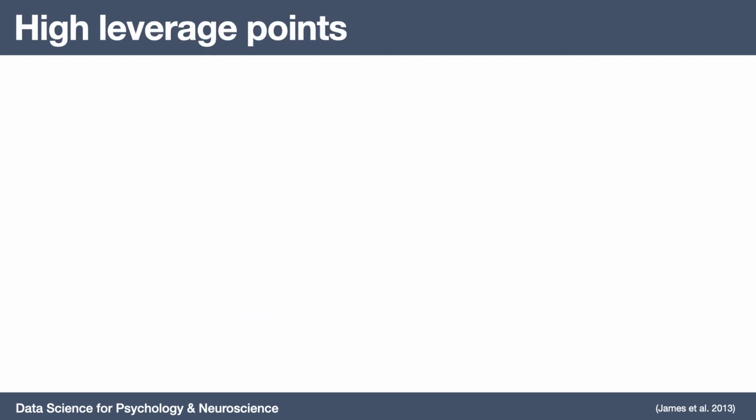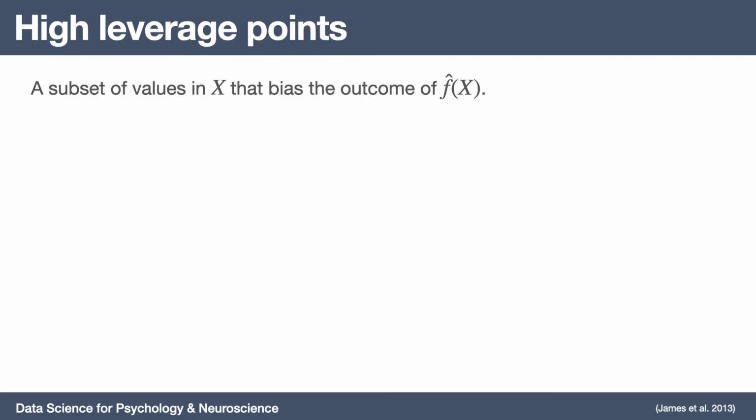However, in x, you can have the problem of high leverage points. High leverage points are a subset of values in x that bias the outcome of f of x. These can be outliers, or they can be points that are not outliers in x, but their relationship to y looks different. It almost looks like they're pulled from different, let's say, underlying distributions.